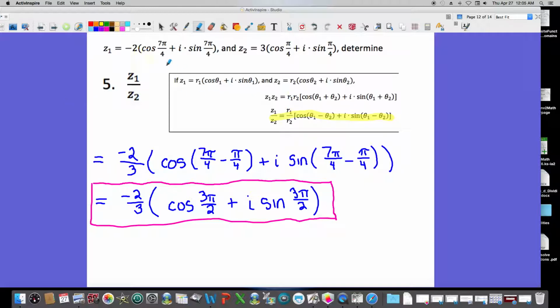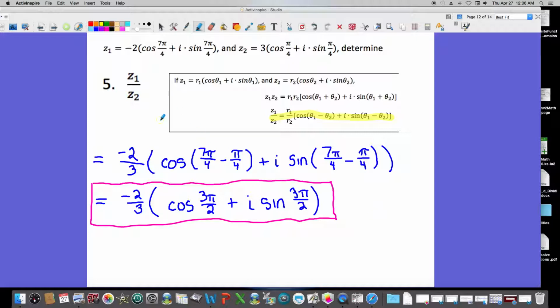We take r1 divided by r2, -2 divided by a +3. We subtract our angles. This time 7 pi over 4 minus pi over 4 is 6 pi over 4, but 6 pi over 4 reduces to 3 pi over 2, and again, we're done.